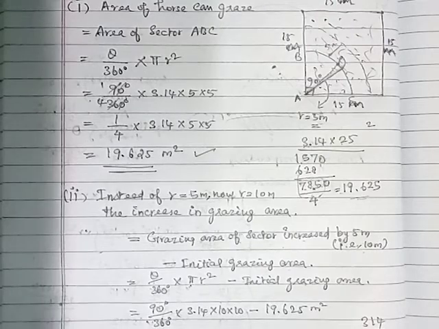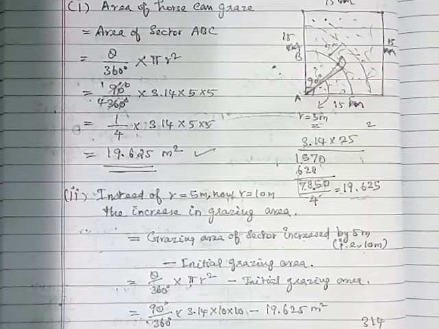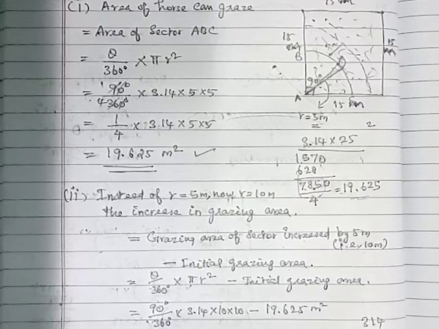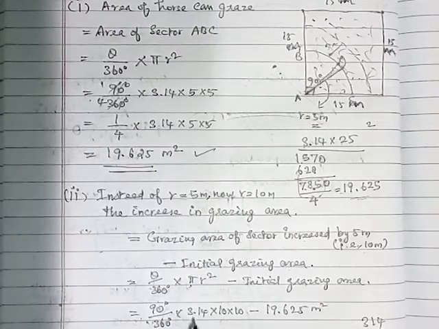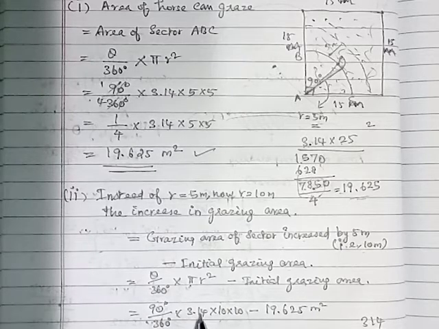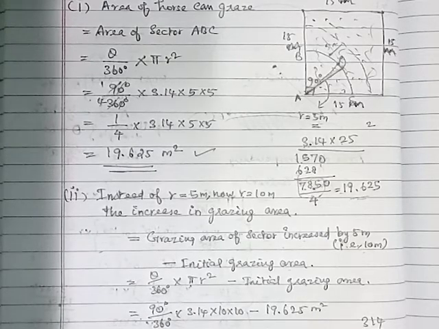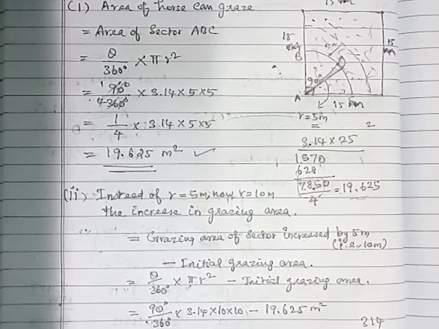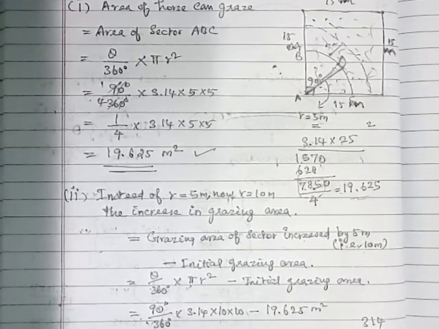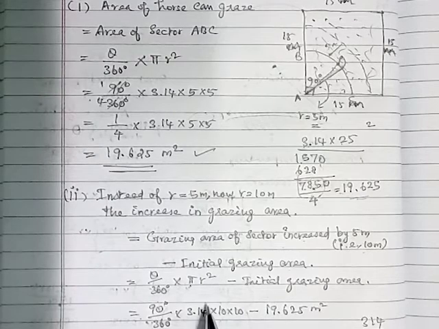So 90 by 360 is 1 by 4, 0 0, you can cancel 0 0, 4 9s are 36, that is 1 by 4. This 3.14 you can make as 314 by 100, right? Value will be the same, so 314 by 100 and 3.14 are same, okay.